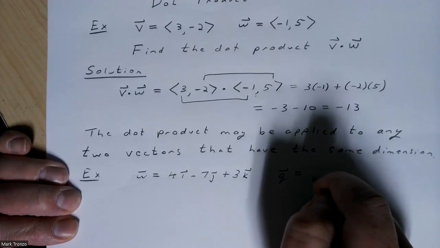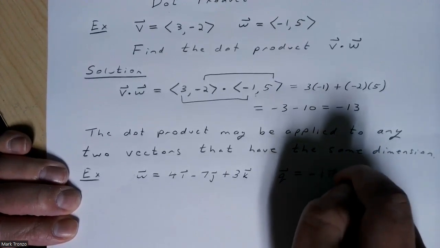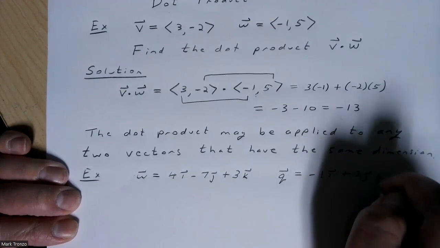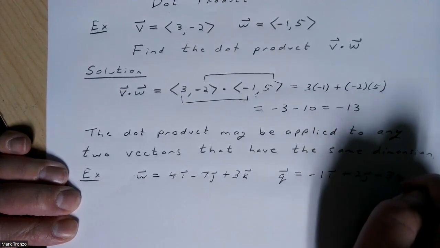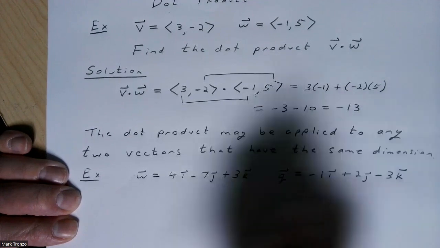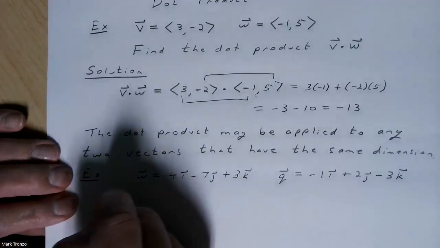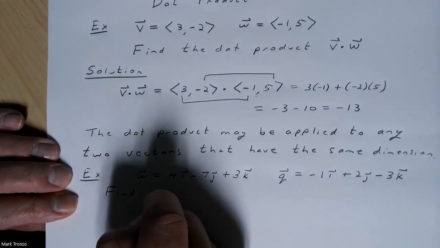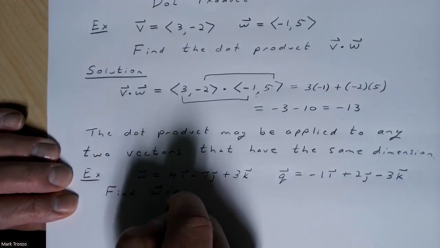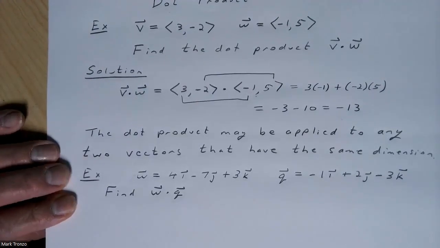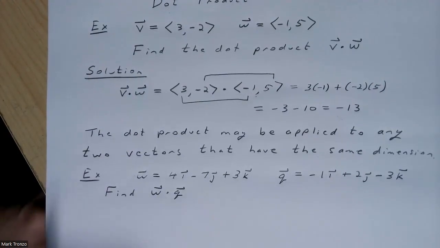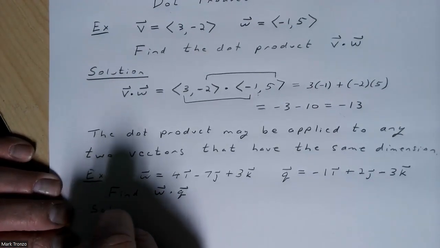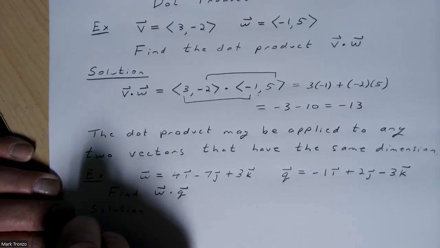Then maybe Q is minus 1I plus 2J minus 3K, like this. And so we're going to find the dot product W dot Q. Now, I sort of prefer the angle bracket notation. It's up to you whichever one you like best.